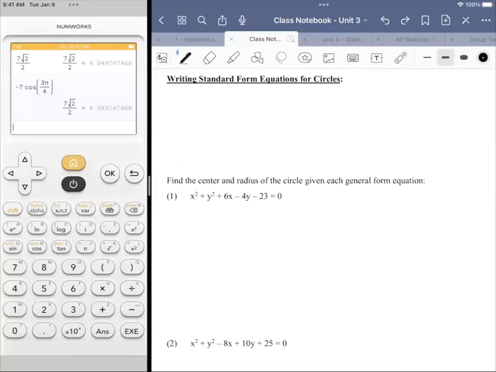So what we do is group X terms together. And Y terms together.